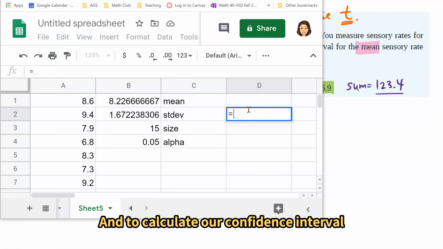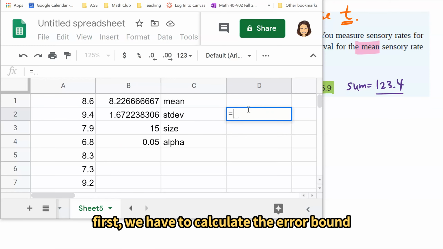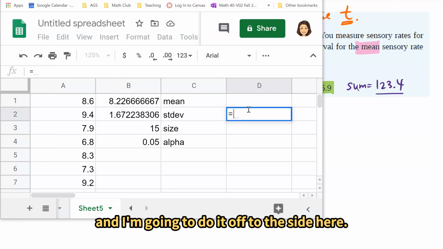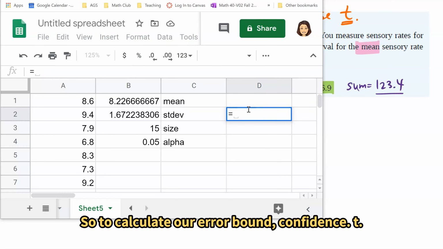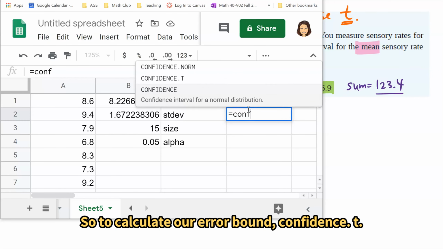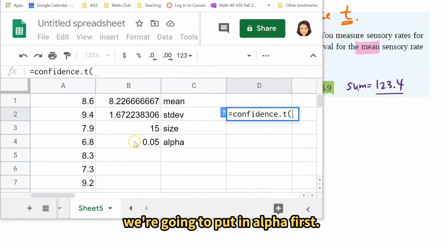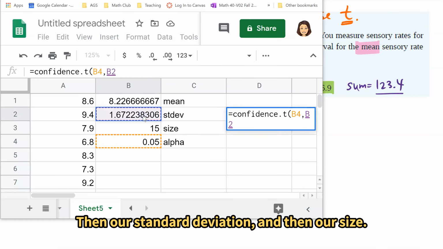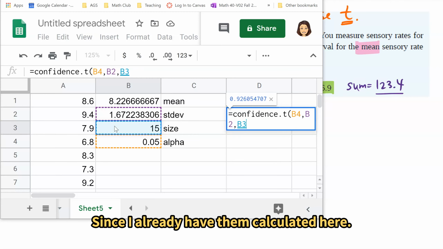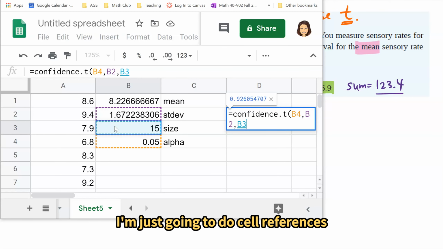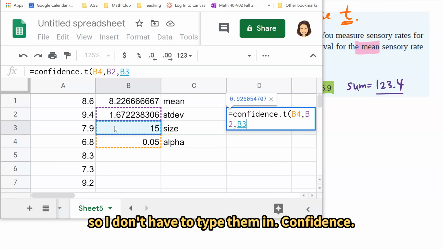And to calculate our confidence interval, first we have to calculate the error bound. And I'm going to do it off to the side here. So to calculate our error bound, confidence.t, we're going to put in alpha first, then our standard deviation, and then our size. Since I already have them calculated here, I'm just going to do cell references so I don't have to type them in.